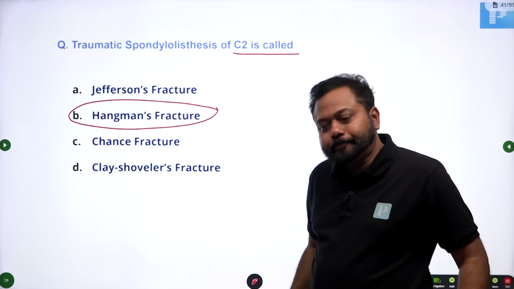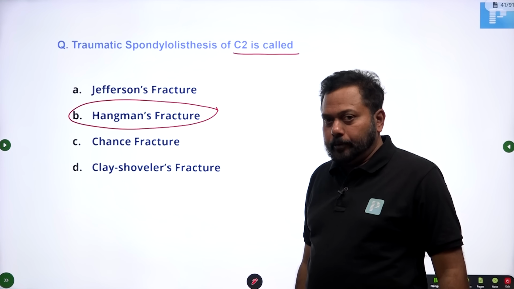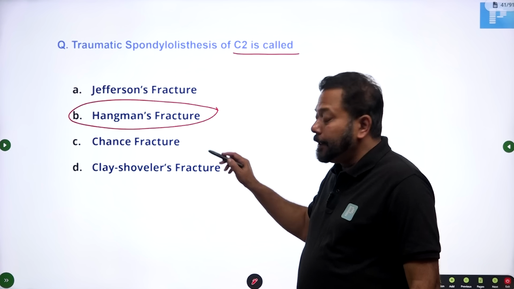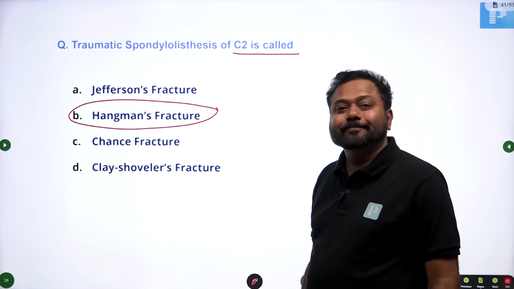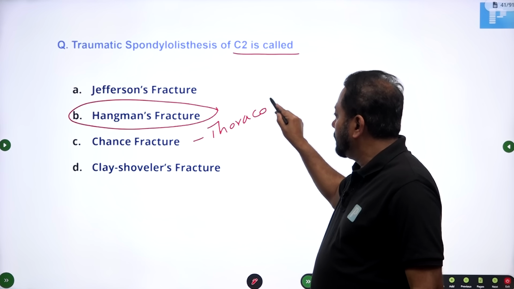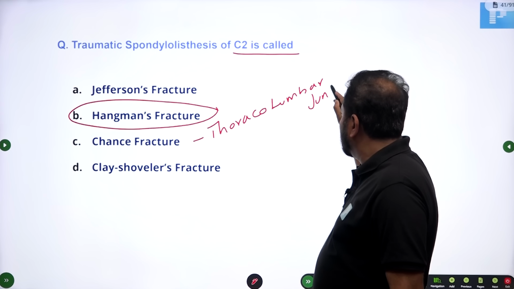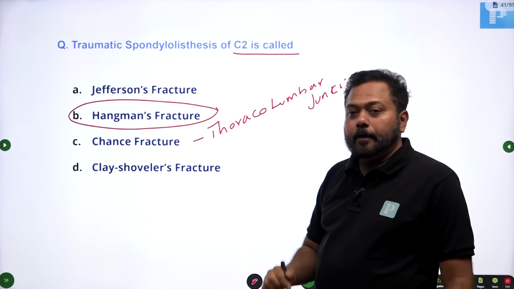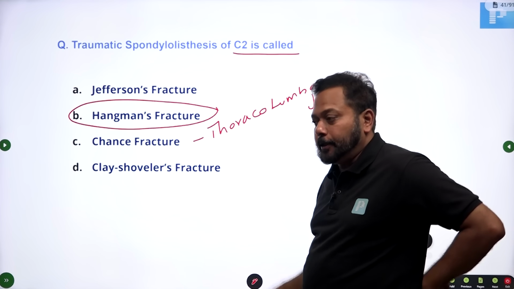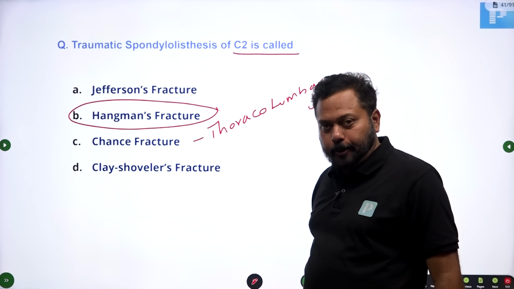Chance fracture happens in seat belt injury. Okay, it is seat belt injury. This happens in thoracolumbar junction. Most common site is in thoracolumbar junction. Okay, it is flexion distraction type of injury that is happening in thoracolumbar junction in car crash accidents, high velocity injury.